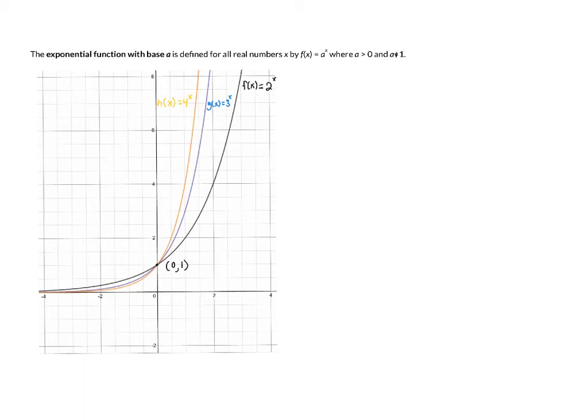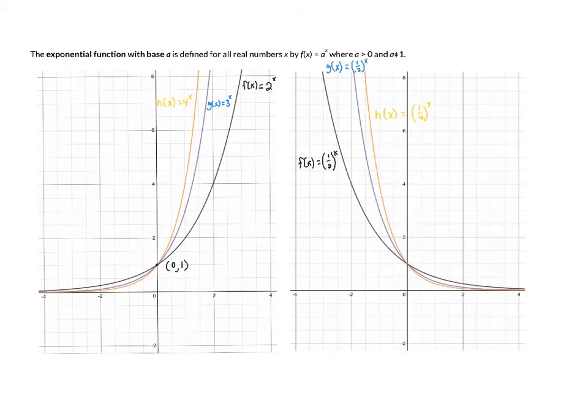Now what I want to do is look at some examples where the bases, instead of being whole numbers, are fractions. In these cases, the bases are 1/2, 1/3, and 1/4. All of these numbers are less than 1. And we can see that if the base is less than 1, then we're increasing as we move to the left and decreasing as we move to the right.